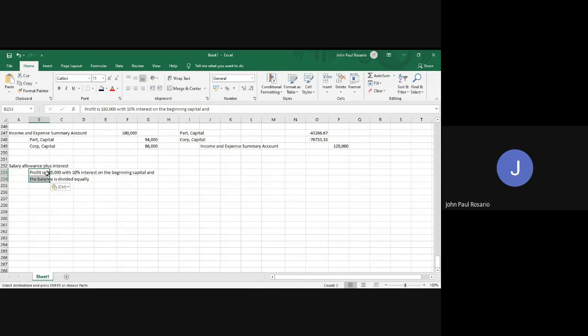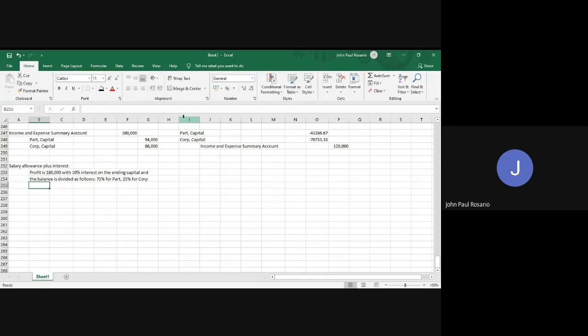Profit is 180,000. Tapos with 10% gihapon siya pero kanin siya is ending capital na. And the balance is divided as follows. 75% for part, 25% for corp.